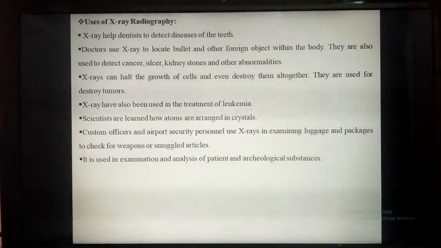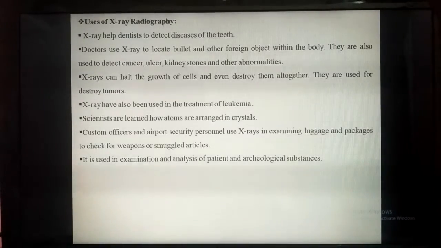X-rays can halt the growth of cells and even destroy them, so they are used to destroy tumors or any defective cells. X-rays have also been used in the treatment of leukemia.